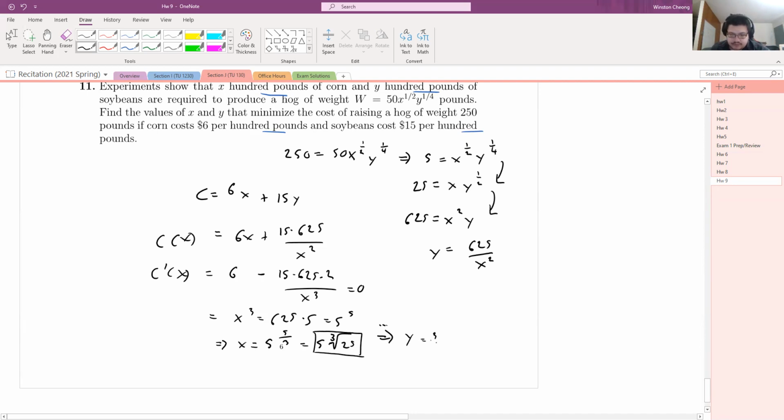Y ends up being the cube root of 25. And these are in terms of hundreds of pounds. Yeah, maybe you want to say that. What is find the values of x and y? So the problem wants us to find values of x and y, hundreds of pounds. All right, so something like that, just to deal with units.